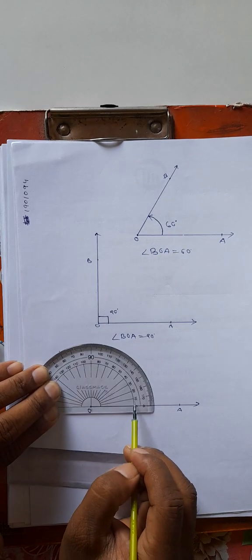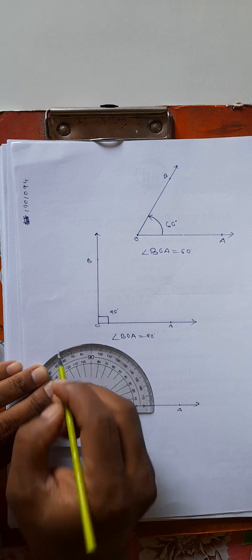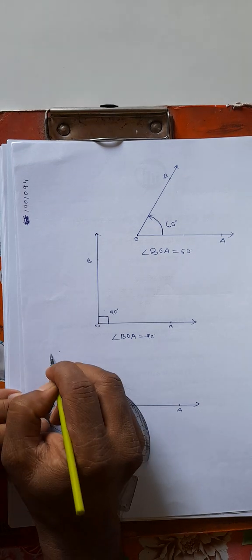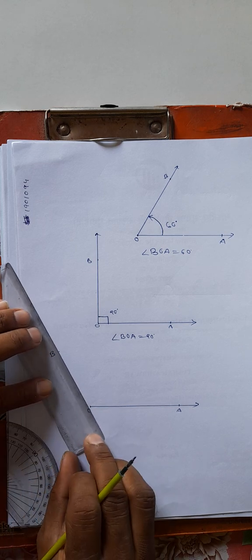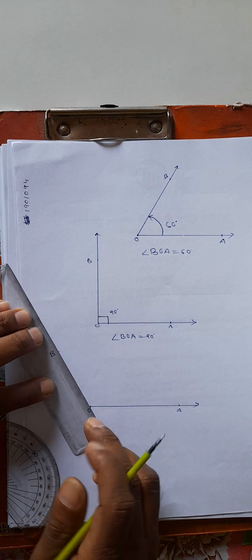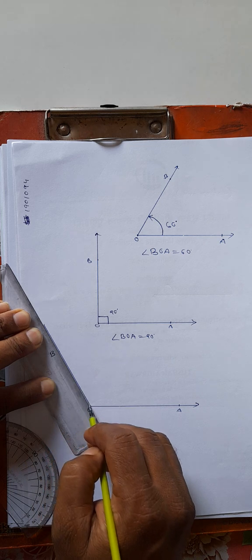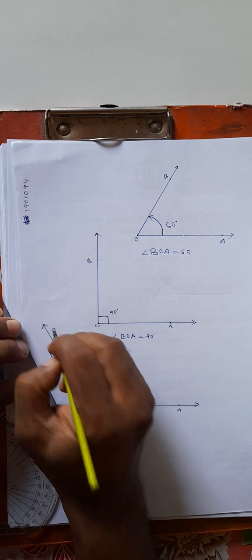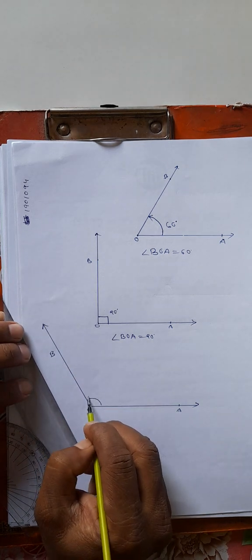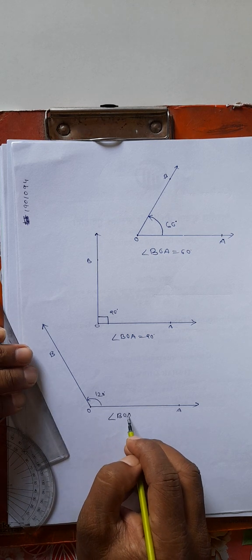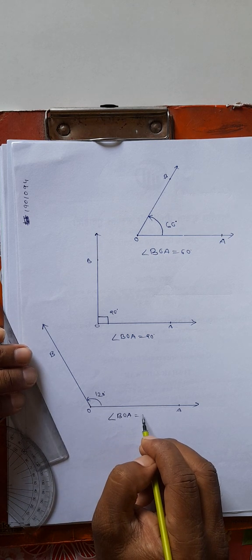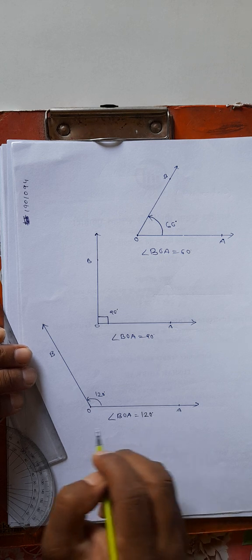Starting from 0, you count up to 120. Let us denote this point B. Now you join BO. So you get this ray. So this angle is 120 degree. Angle BOA this time is 120 degree.